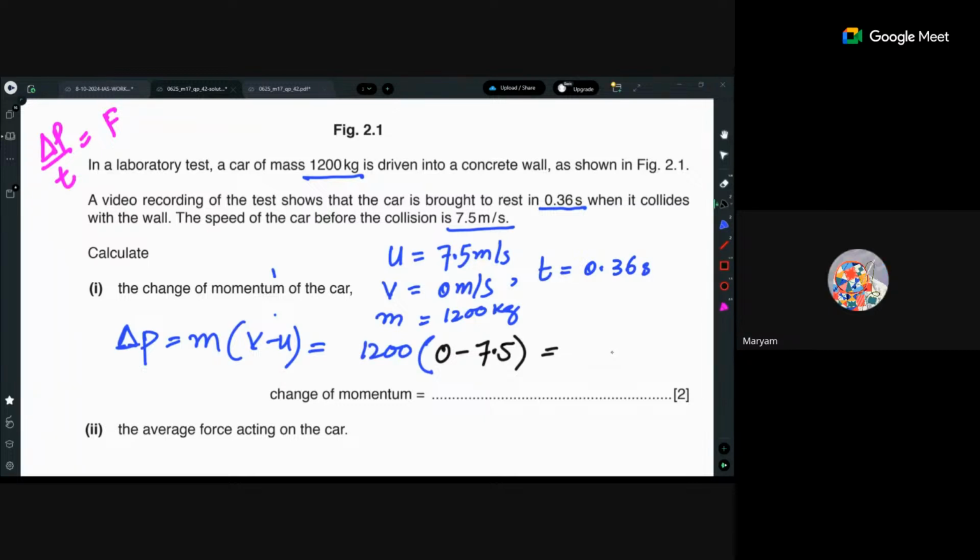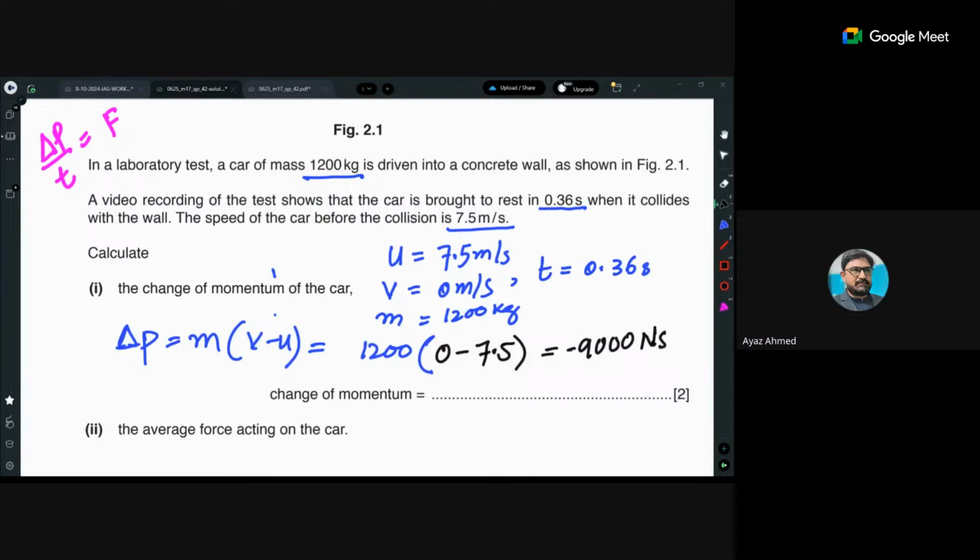What is the answer? Minus 900. Yes, because of the minus you will not be penalized here, because at your level the negative or positive sign does not matter. Okay, how much is it? No, 9,000, minus 9,000.